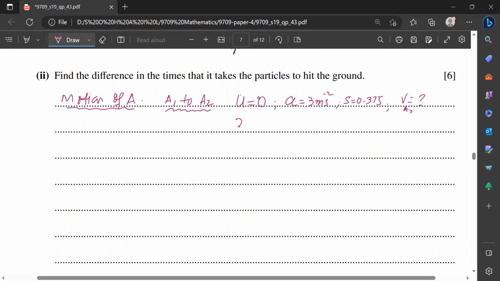The equation which you can apply here is 2as equals v square minus u square. 2 into 3 into 0.375 is v square, which is v_A square at A2, minus initially 0. So from here, the velocity at A2, when you simplify, is 1.5 meters per second.